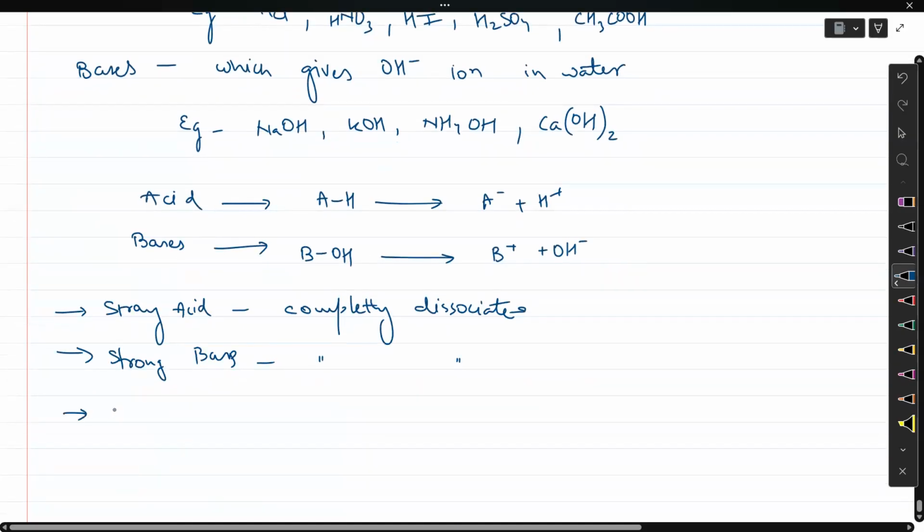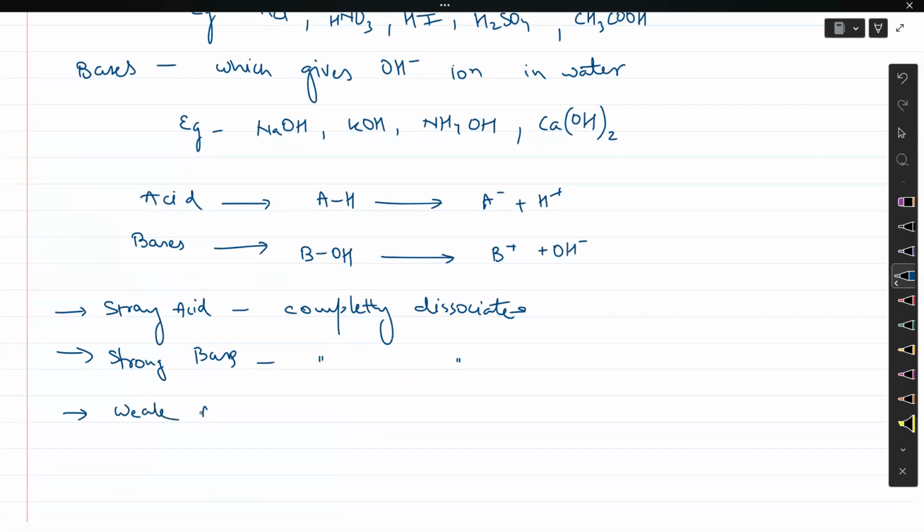However, weak acids partially dissociate, less than 5%. Right? Similarly, weak bases also partially dissociate. Is it making sense?